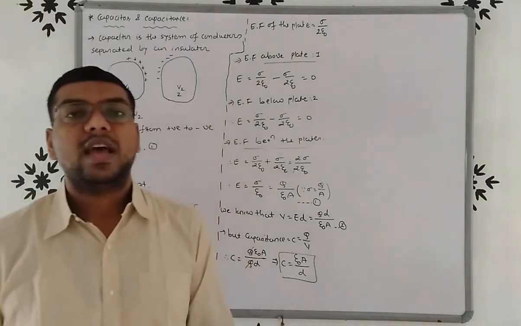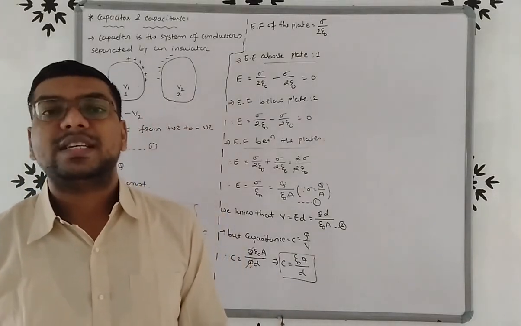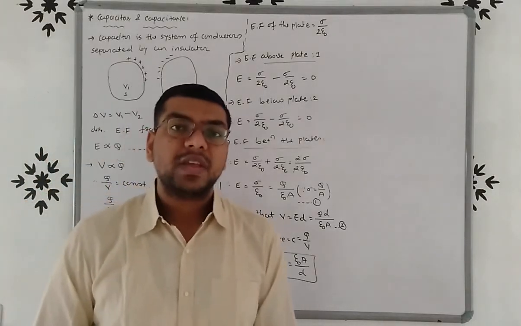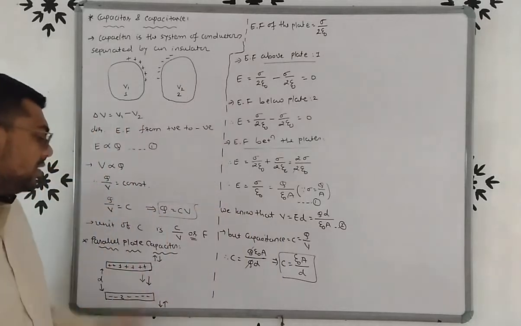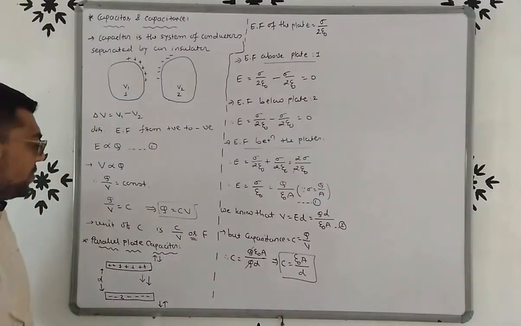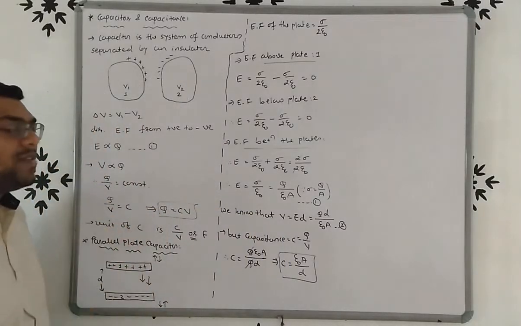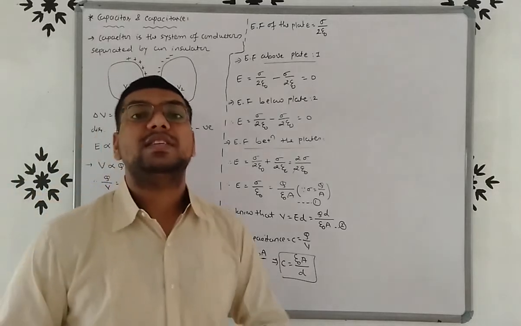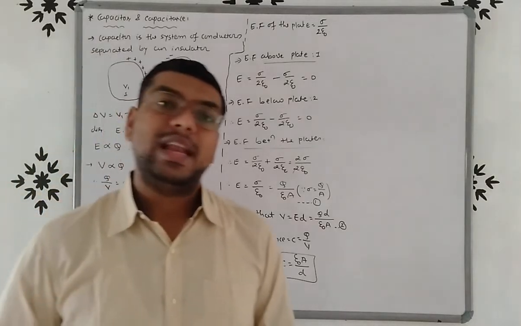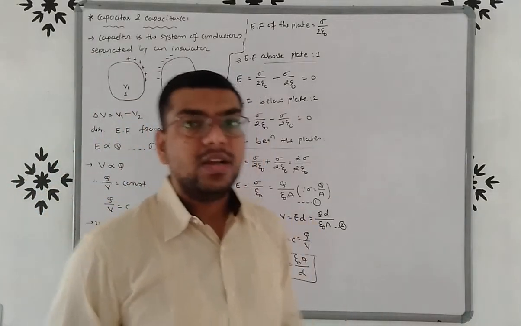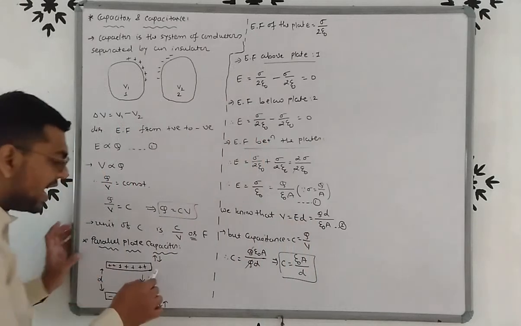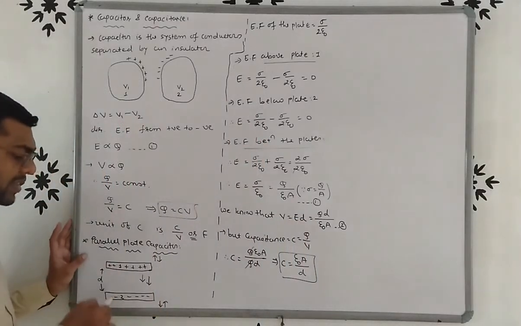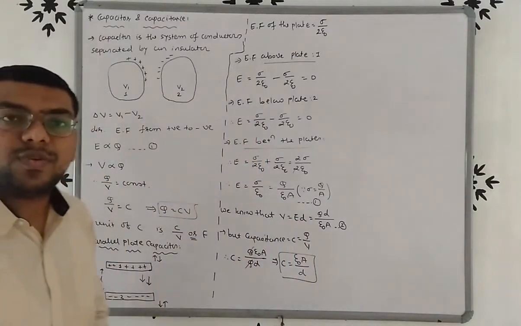So this arrangement is known as parallel plate capacitor. Here we have to find out the formula of capacitance. So we know that C is equals to Q by V. But to find out potential V, we have to find out electric field, right? So here these are the large plates and the distance between these plates, small d, is very small.